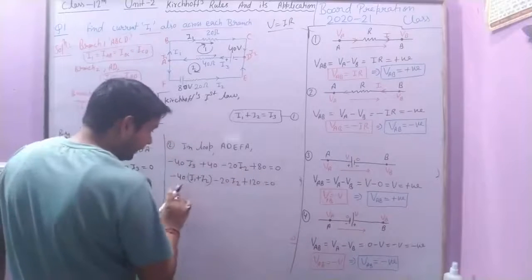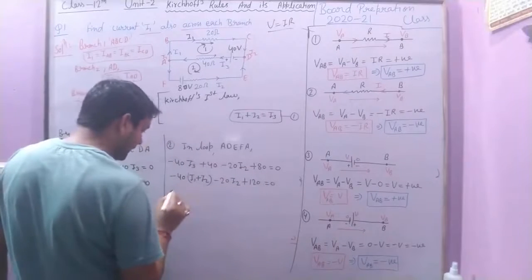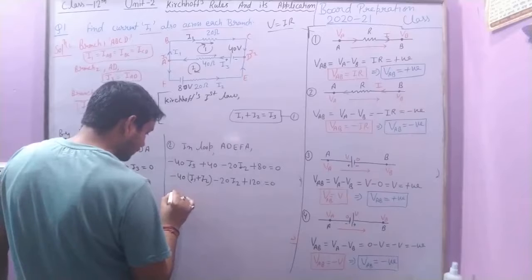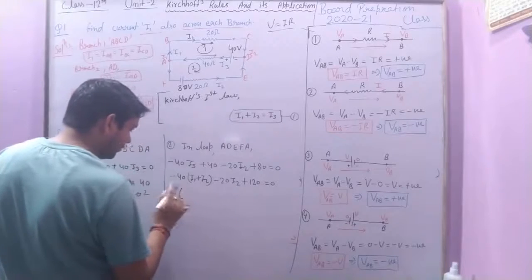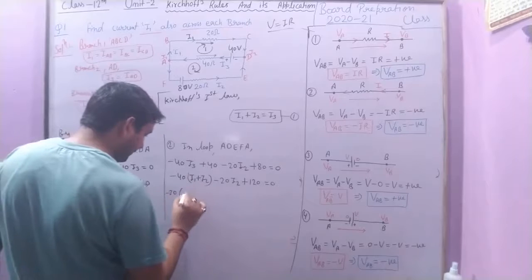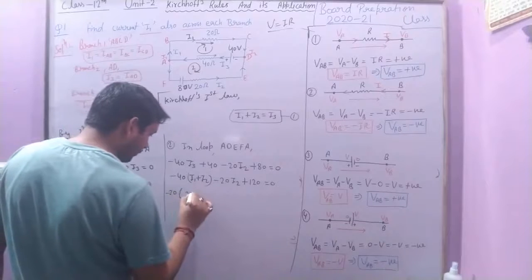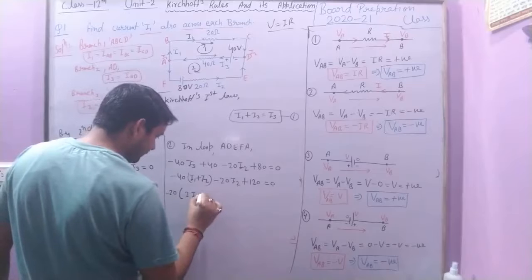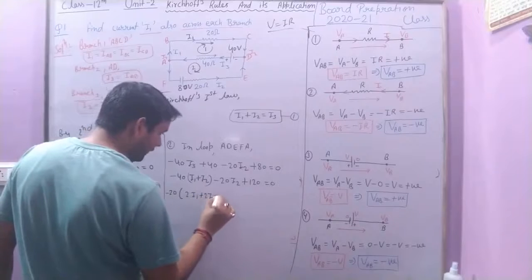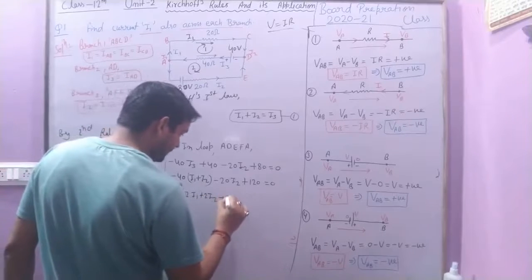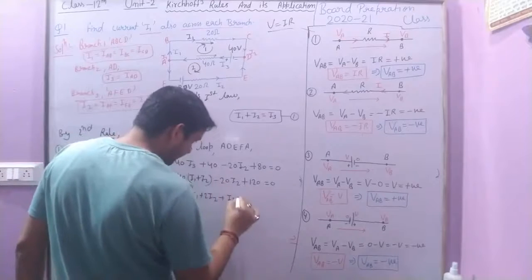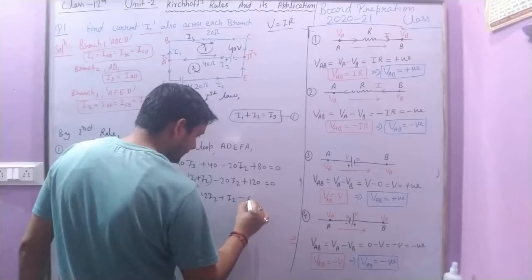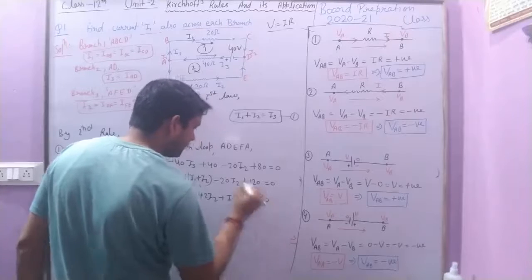Okay, by solving this, 20 is taken as common, and minus 20 also taken as common, so it will be 2I1 plus 2I2 plus I2 minus 6 equal to 0.